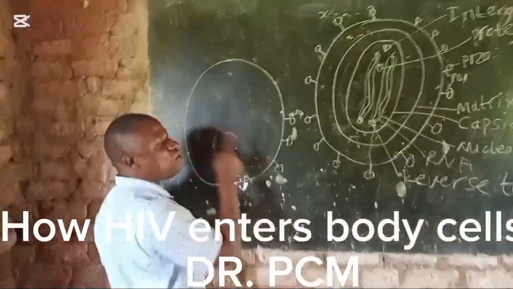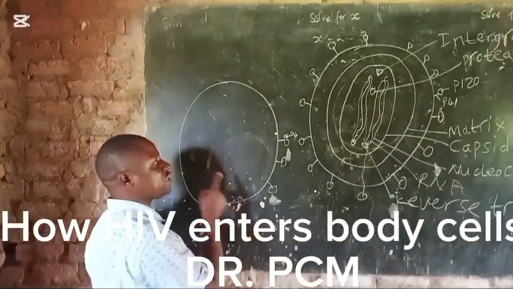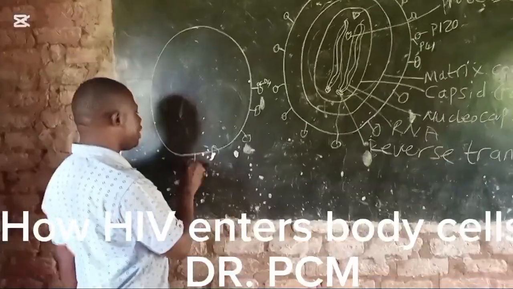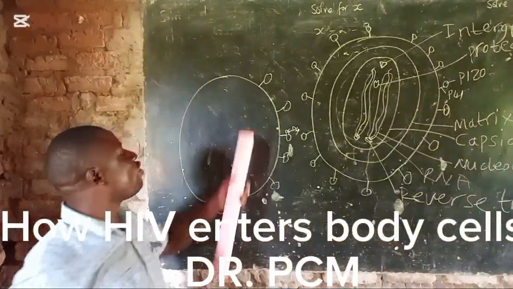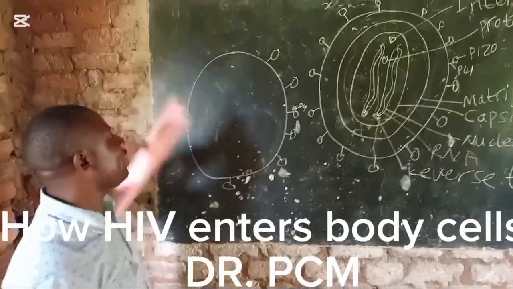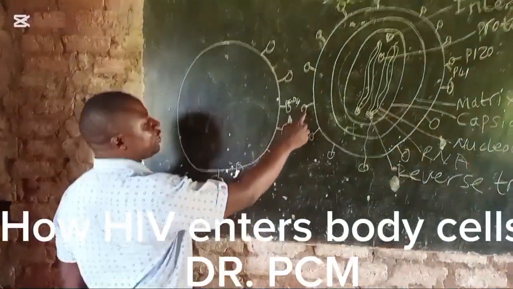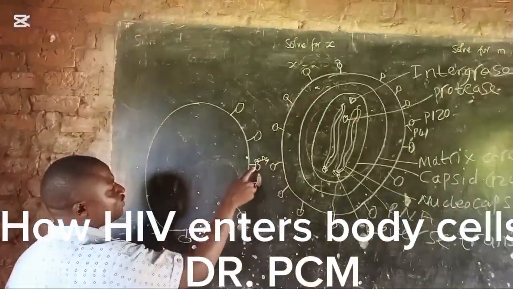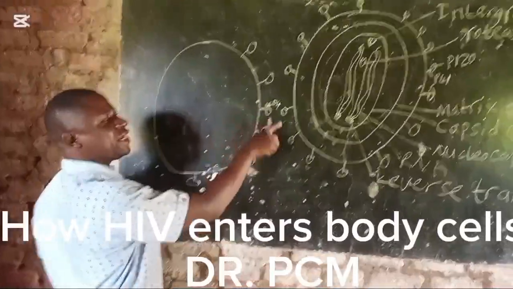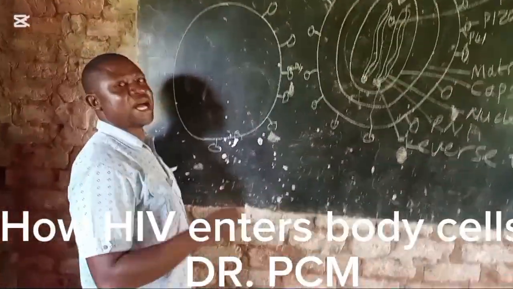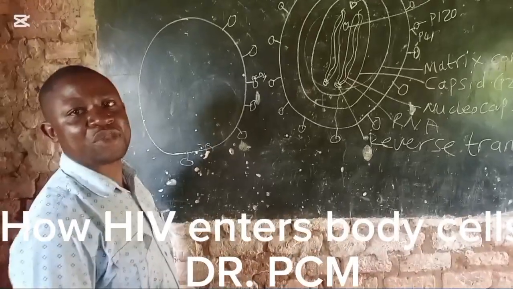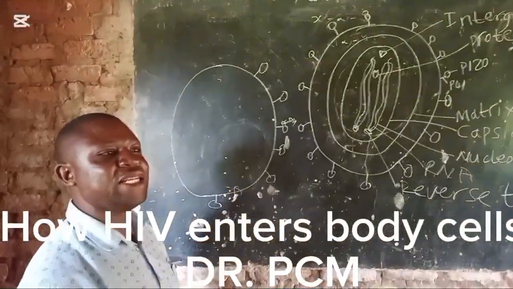Since our HIV cell has those, in lay language, let's call them hands, but they are not really hands, protruding all over the HIV cell.